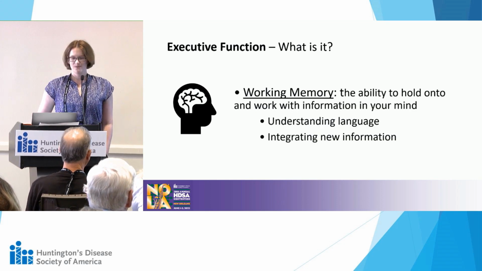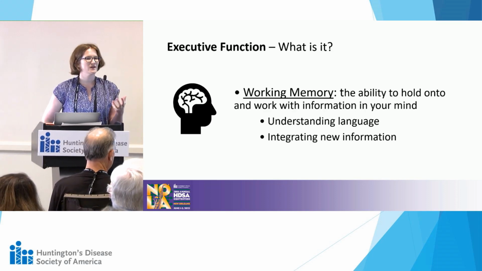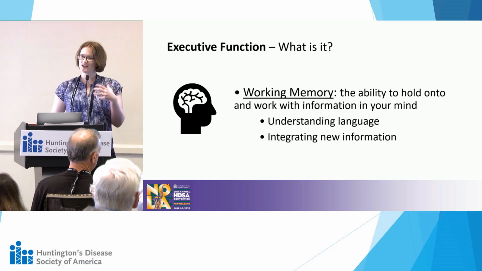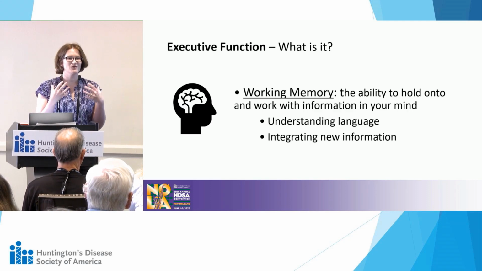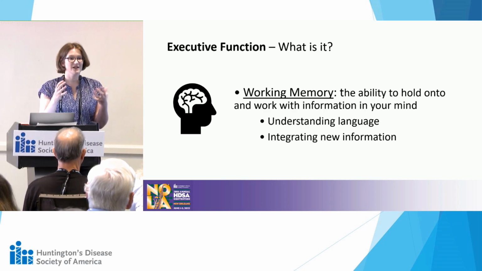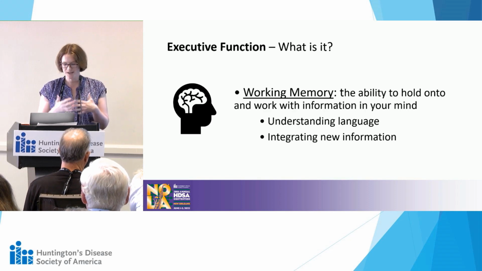So working memory is the ability to hold onto and work with information in your mind. So it's not simply remembering something, it's taking that information in and manipulating it. It's connecting it to some other piece of information. So what does that really mean?